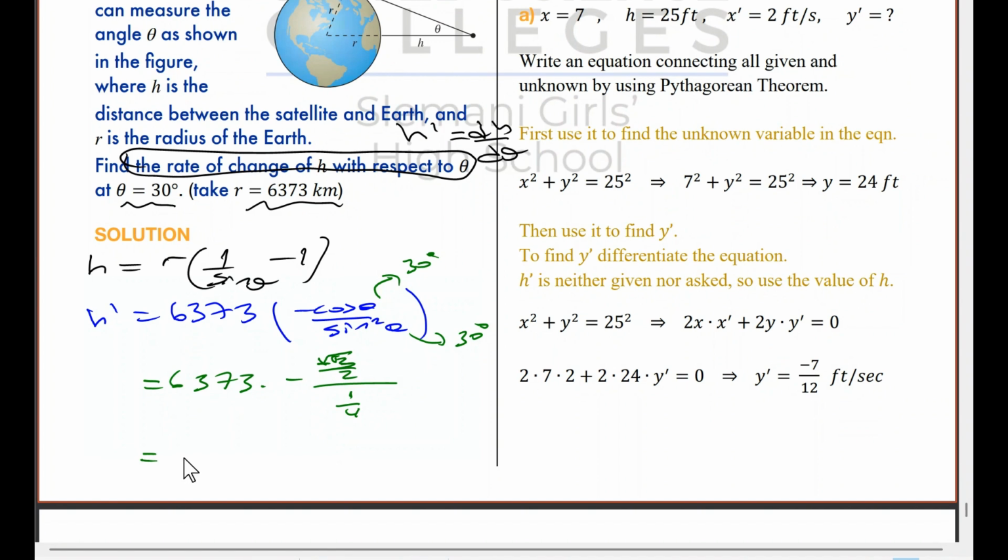It will give you the answer as negative 12,746 square root of 3. That's it. That's what the answer is. If this is given, it's easy. Just take the derivative. If this is not given, you can figure the formula out on your own. It is pretty simple.